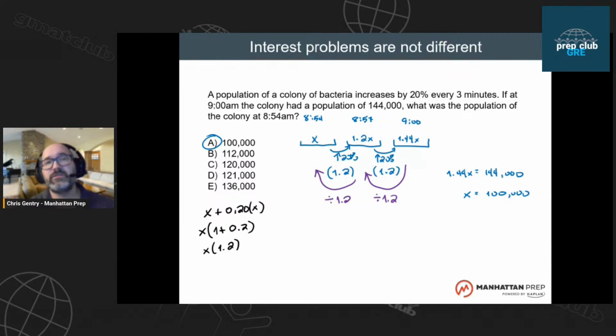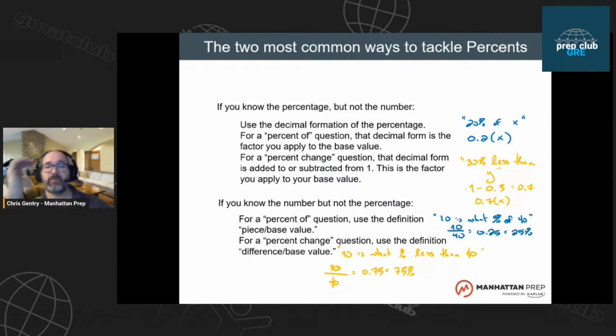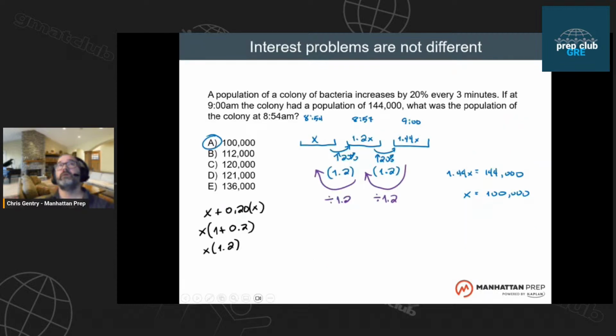This, my friends, is everything percentage that you will ever see on this test. And I want to take a moment. I want to come back here. Know this page. And yes, it's 1.2 both times because it is two different 3-minute increments. This is actually a disguised compound interest problem.